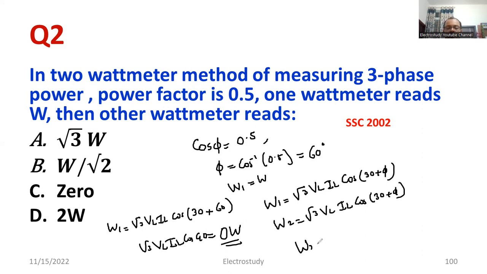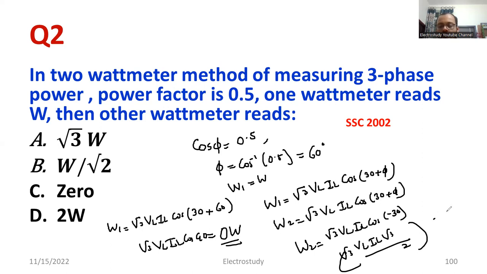How about W2? W2 is nothing but you can substitute VL, IL, cos (30 minus 60). That is nothing but cos minus 30. Cos minus 30 is nothing but cos 30 only. VL into IL into cos 30 means how much is it? Root 3 by 2. So you'll be getting a certain value.